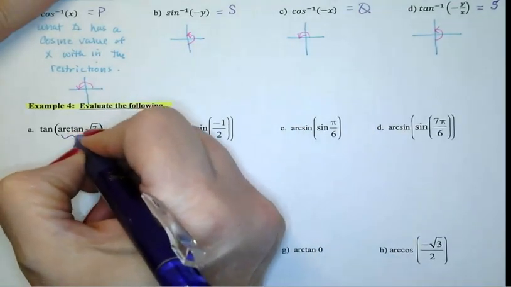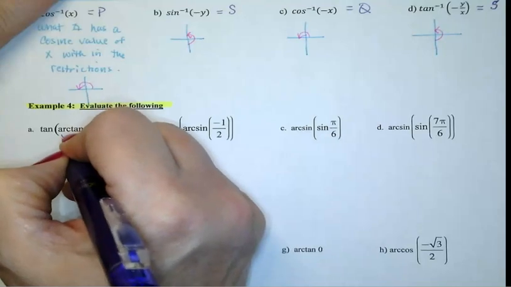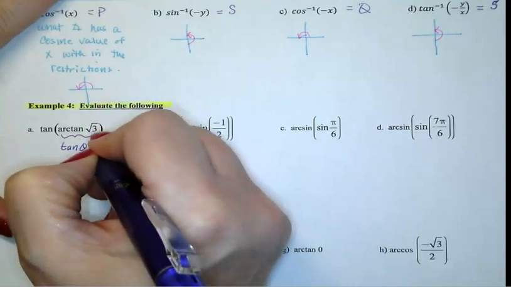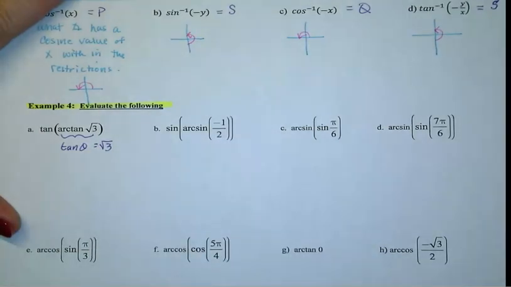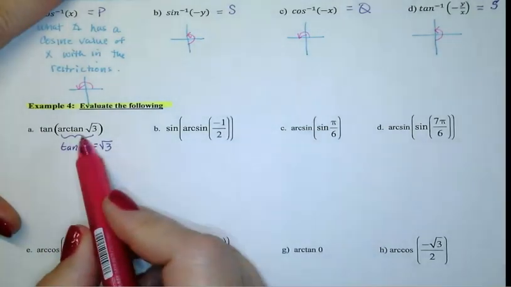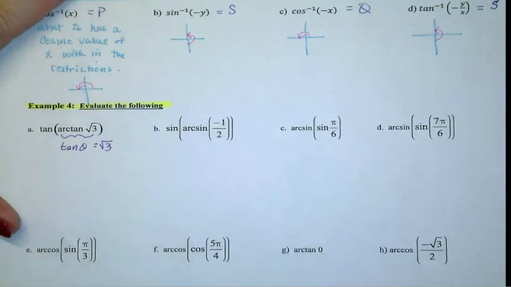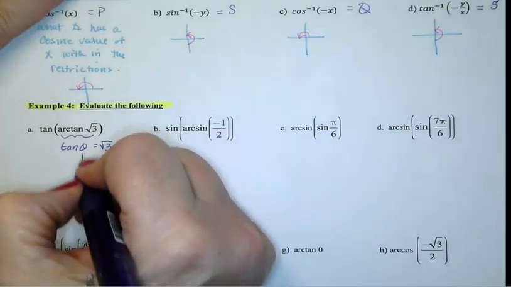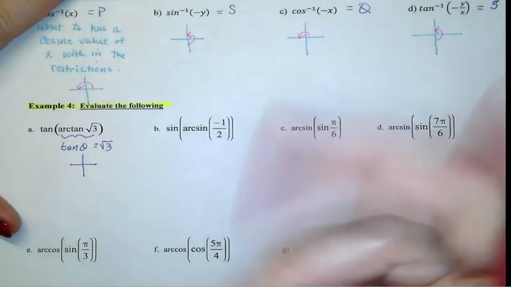So we're going to start with this part. And remember, what that means is what angle has a tangent value that equals square root of 3 within the restriction. So since this is arc and this has a restriction, I'm going to have a graph that has my restriction mark on it, not a suggestion, an expectation.